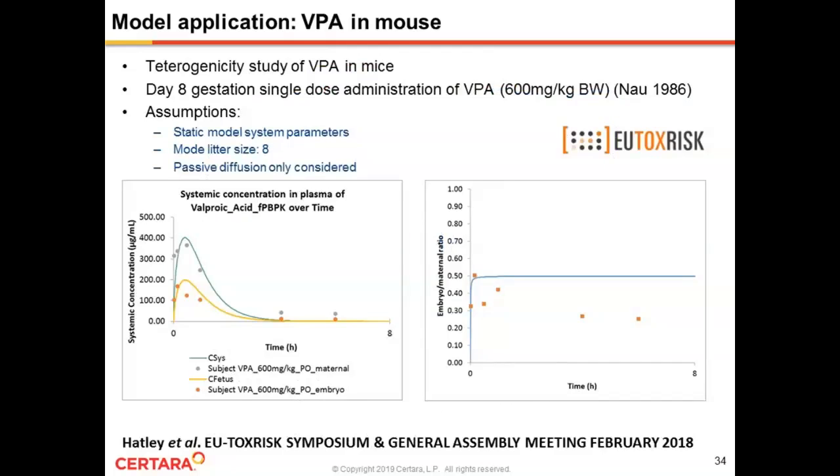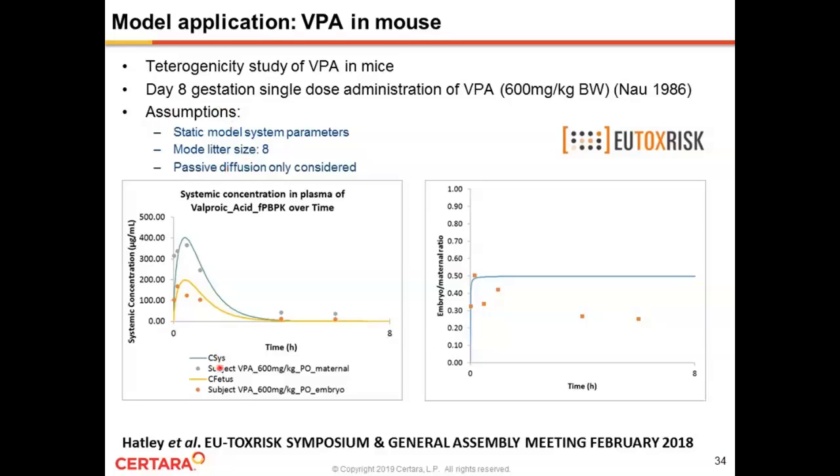This is one of the applications that was presented by one of my colleagues, Oliver, at the general meeting of the Eurotox risk last year. This is a model for the teratogenicity of valproic acid, which was developed in the mice fetal-placental model. It looked at the effect of valproic acid on the mice fetus at day 8 gestation time point.